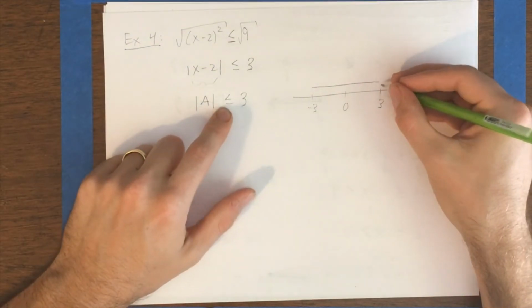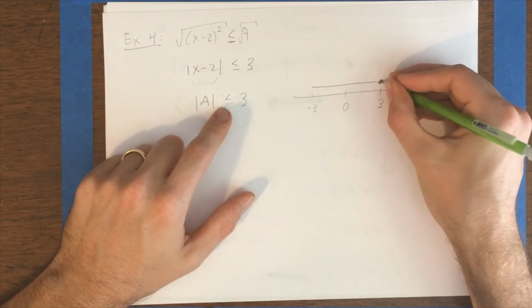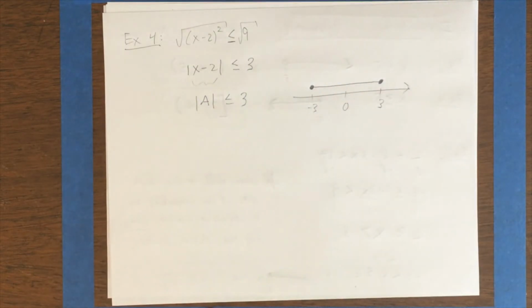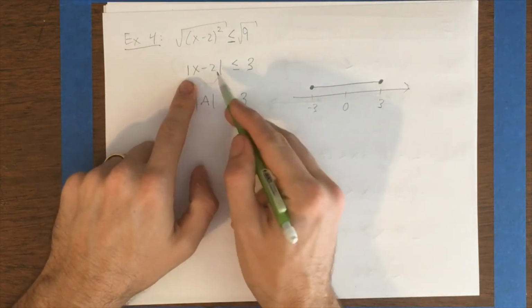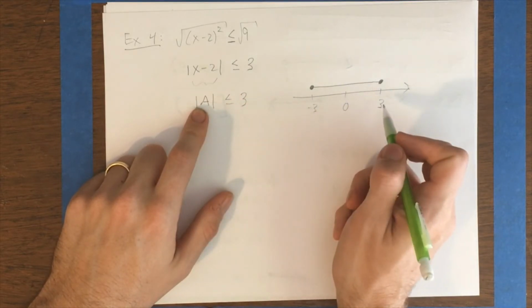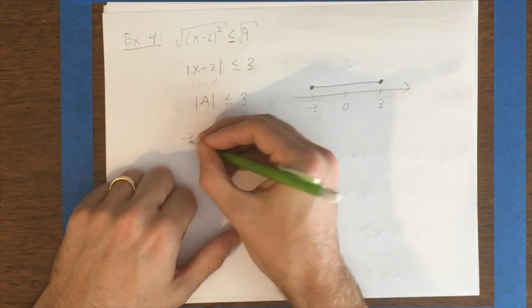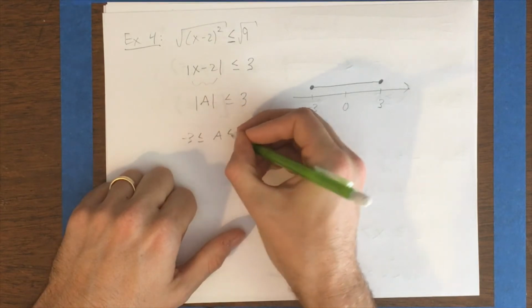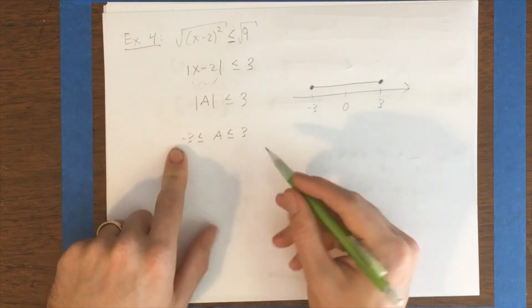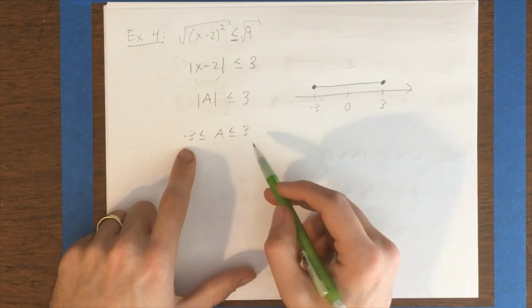And it says less than or equal to, so being exactly 3 units away would be okay as well. So that a, whatever number is inside there, must be within this range from negative 3 to 3. We could take that inequality and rewrite it like that. That's the equivalent way to write it.